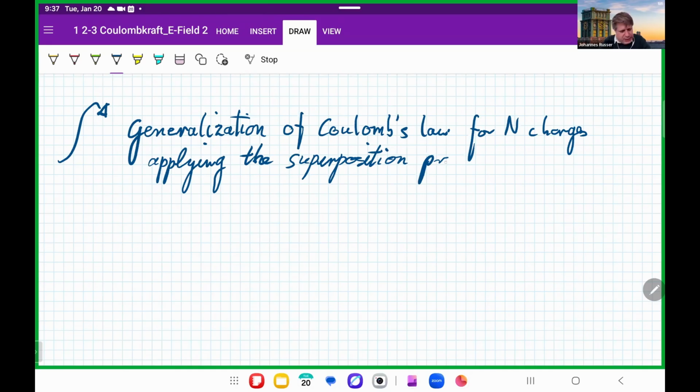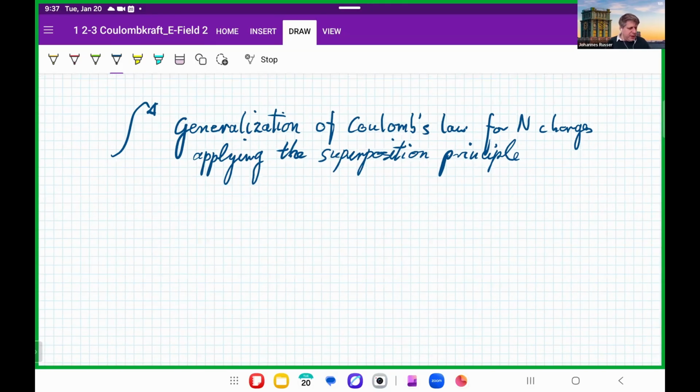So we can apply Coulomb's law. Now you can think of quite complex scenarios. You have here a number of charges, and you can put in a number of charges here. Let's denote them here.